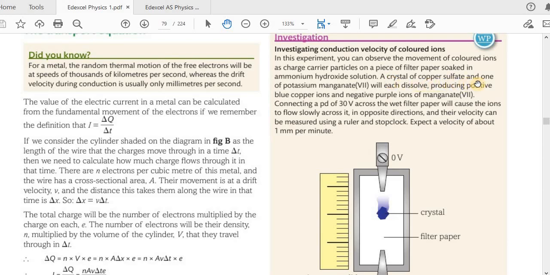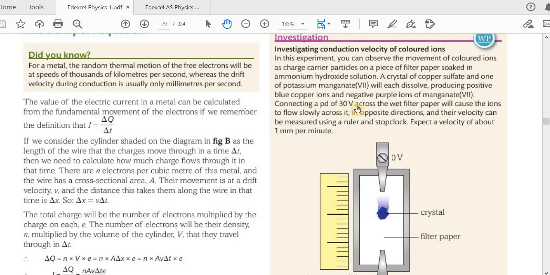A crystal of copper sulfate and one of potassium manganate(VII) will each dissolve, producing positive blue copper ions and negative purple ions of manganate(VII).